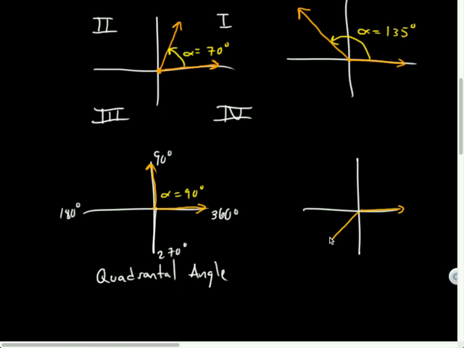So right here, alpha can have a negative value. We'll call that negative 120 degrees, something like so. Anytime an angle measurement is negative, it would travel a clockwise path.